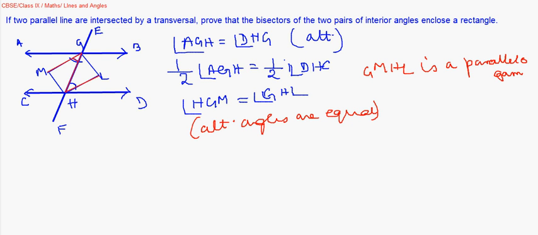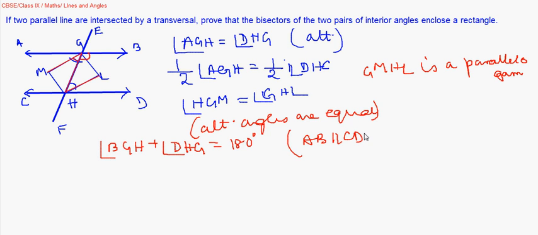Okay, say BGH. This BGH plus DHG equals 180 degrees, because it was given AB is parallel to CD, therefore interior angles on the same side of the transversal are supplementary.